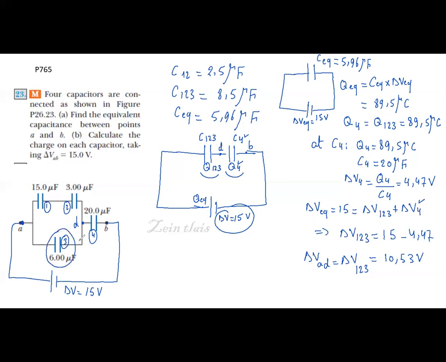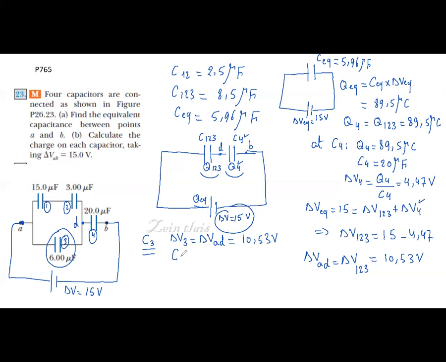We have delta V, we have C, we can calculate Q. So here we take C3. Delta V through this one is the same as delta V AD, which is equal to 10.53 volt.